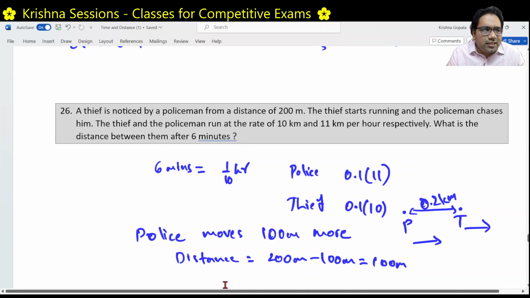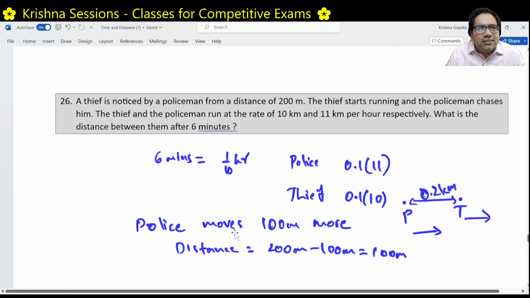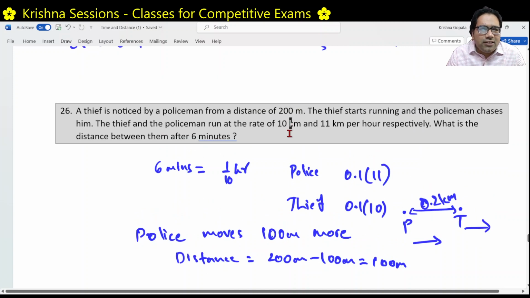So there is another way which is called relative velocity. If the thief is traveling at 10 kilometers per hour and the policeman is traveling at 11 kilometers per hour, the relative velocity is this minus this. Both are traveling in the same direction, so the relative velocity is 1 kilometer per hour. And the distance is 0.2 kilometers.